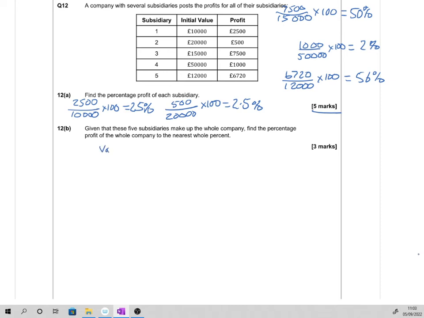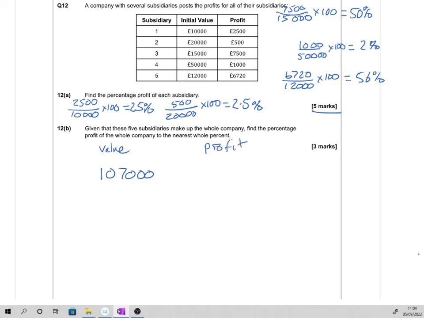The value, add them all up together. 10,000 plus 20,000 plus 15,000 plus 50,000, plus 12,000. So I've got the value being 107,000.